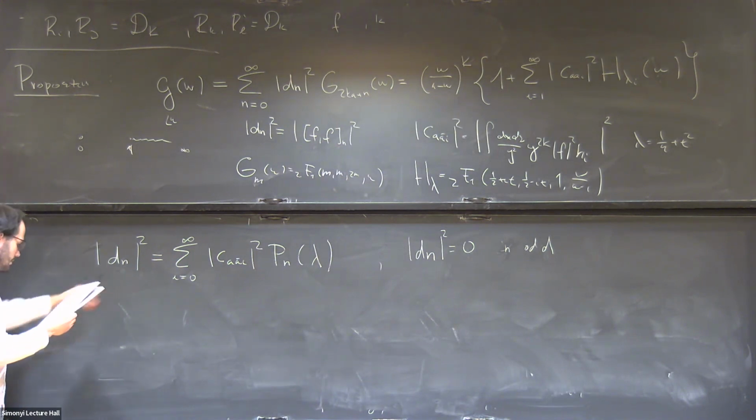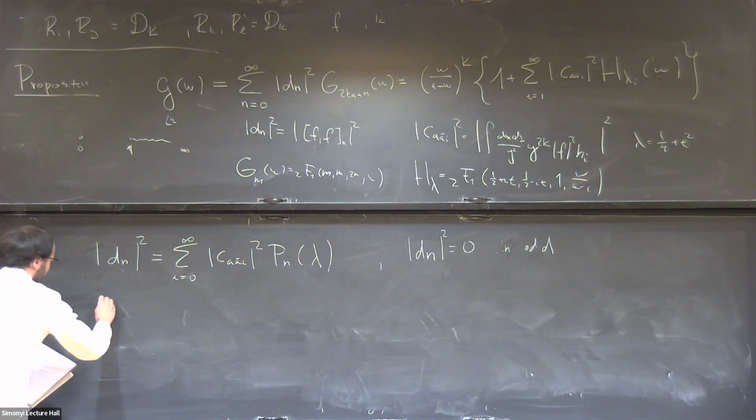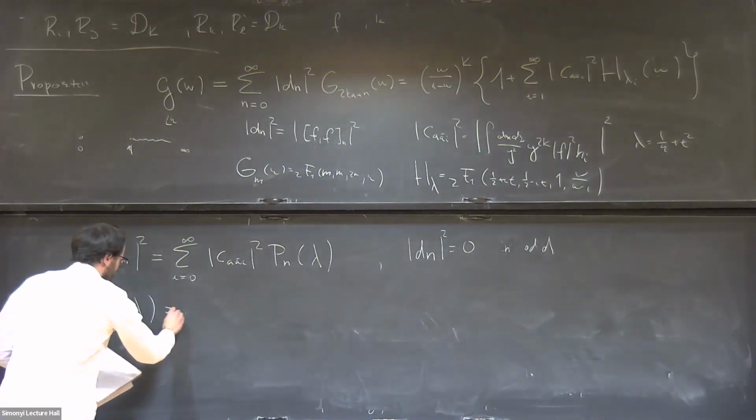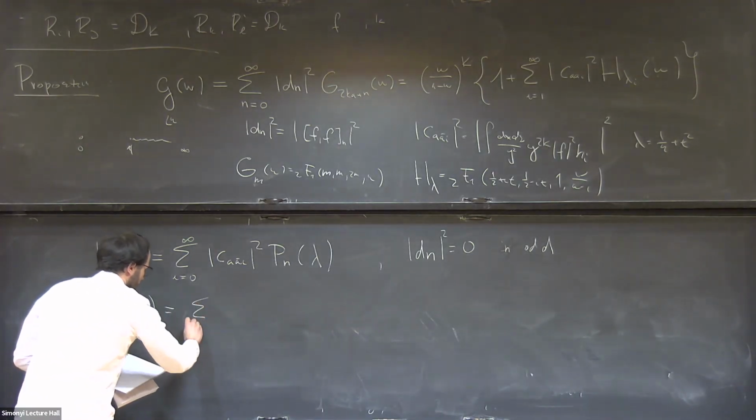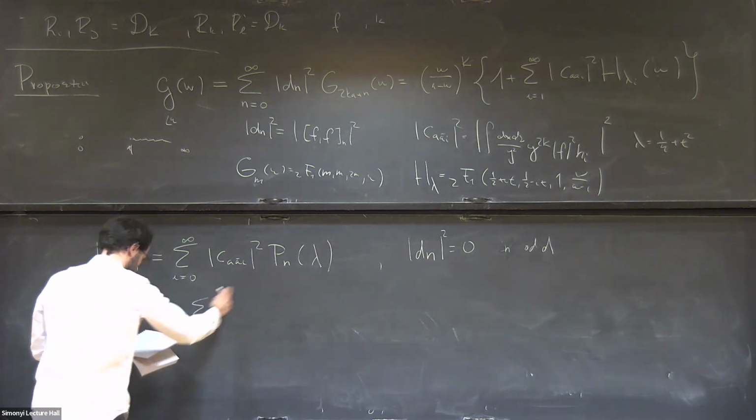So we have these. Now we can consider some linear combination of these polynomials, Pn.